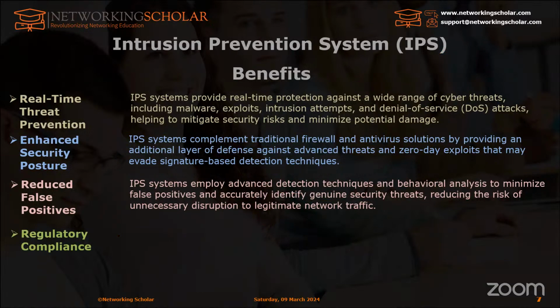Regulatory and compliance. What is regulatory and compliance? Suppose we have a system and there is something at the industrial level, and we have to audit our network security services.